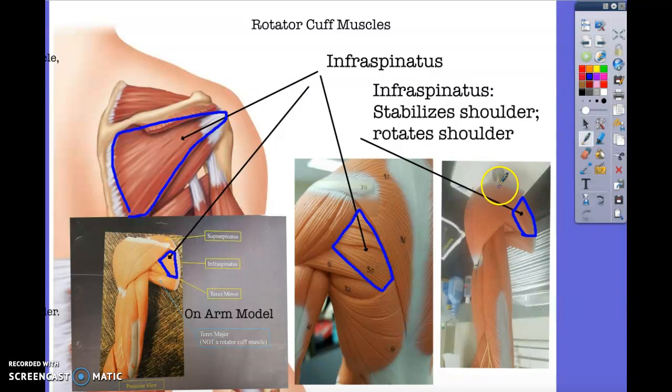So when we get to the Muscle Practical Lab, if this arm is up on the stand, please remove the arm from the stand and put it in an orientation where you can find things. Anatomical position is the best way for you to approach your locations. So what does this do? Infraspinatus stabilizes the shoulder and rotates the shoulder.